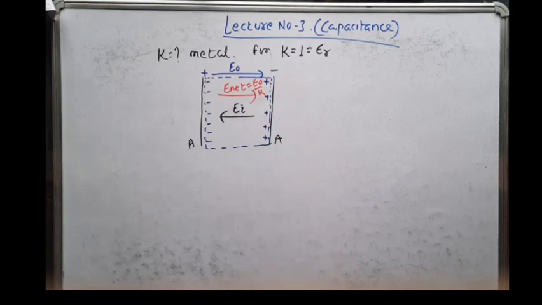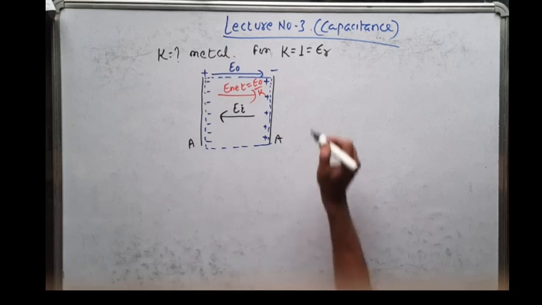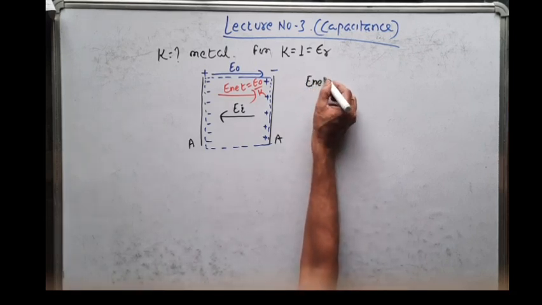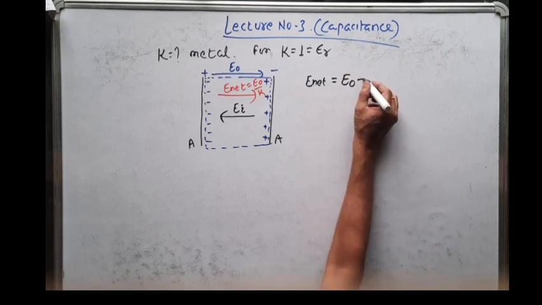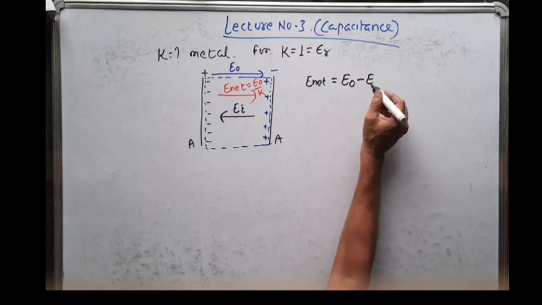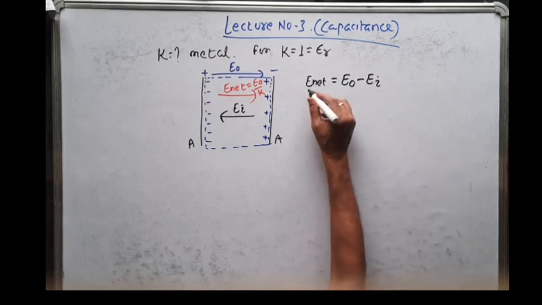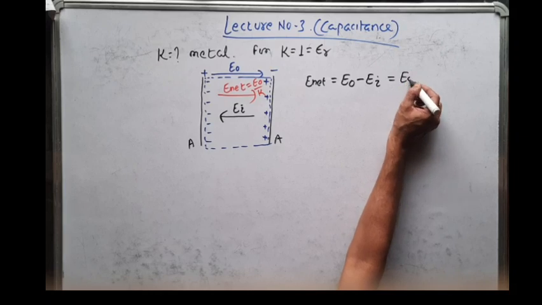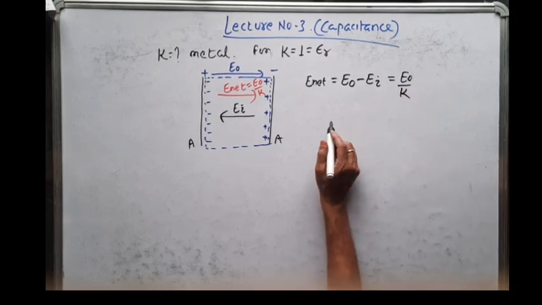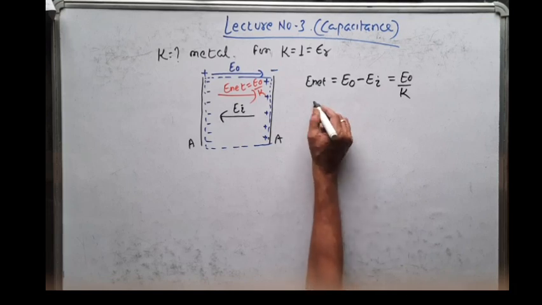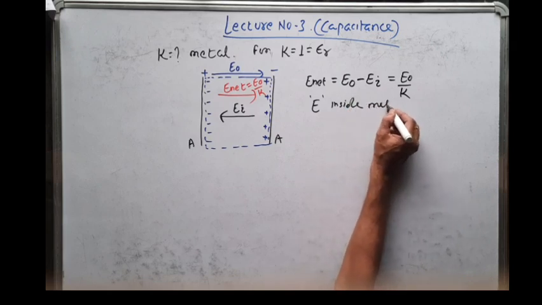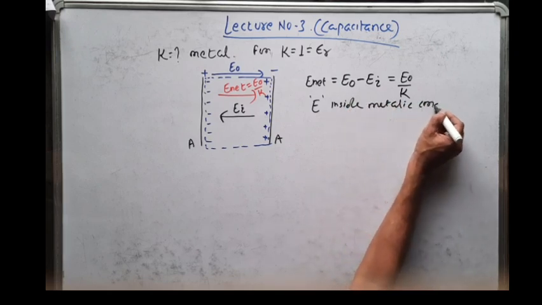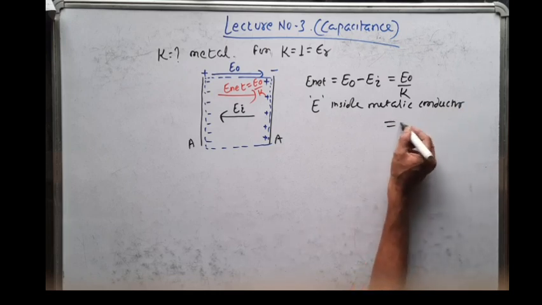In the last class we have discussed this in detail. So the net electric field intensity inside the plate is equal to E naught minus EI, which is nothing but E naught by K. But using Gauss law, we have already proved that the electric field inside a metallic conductor is equal to 0.